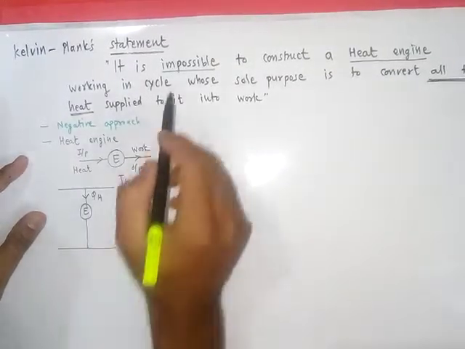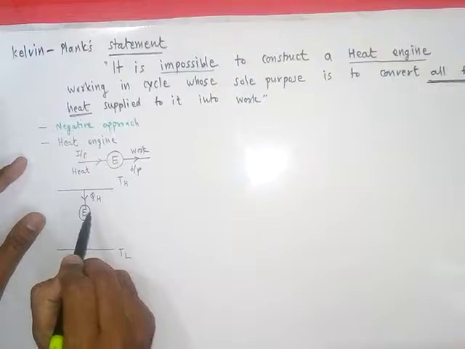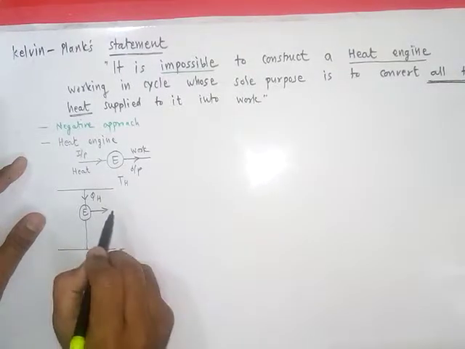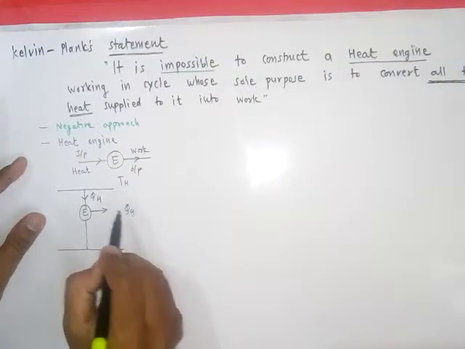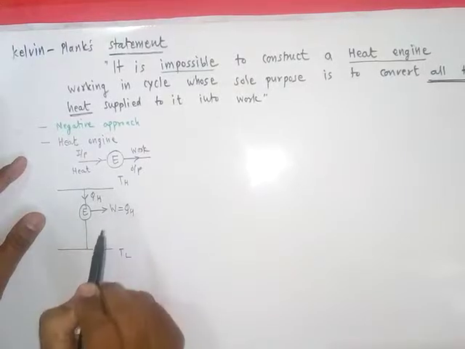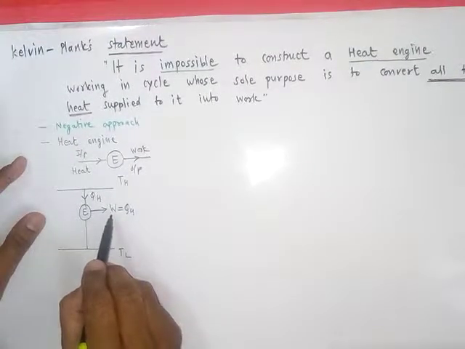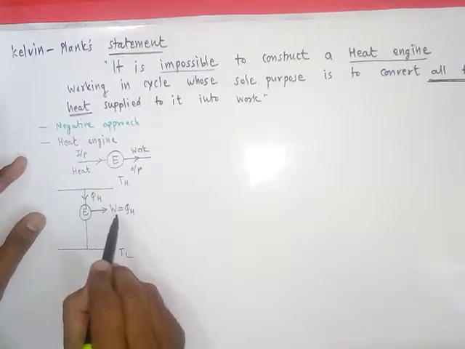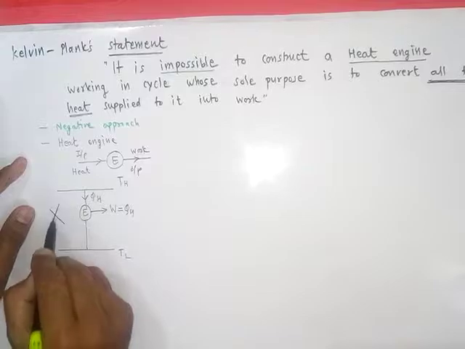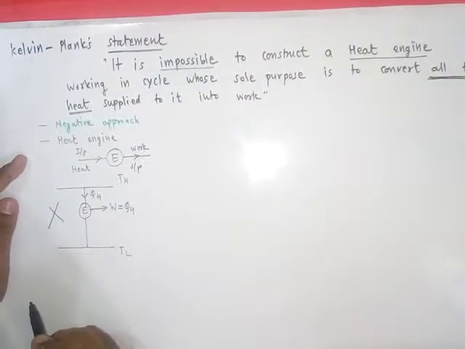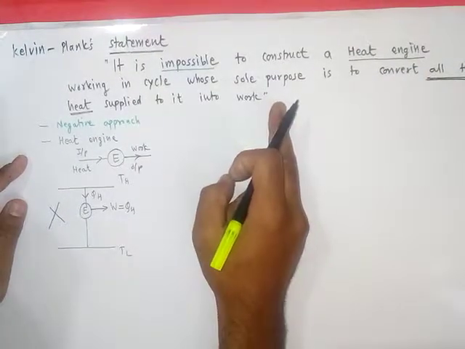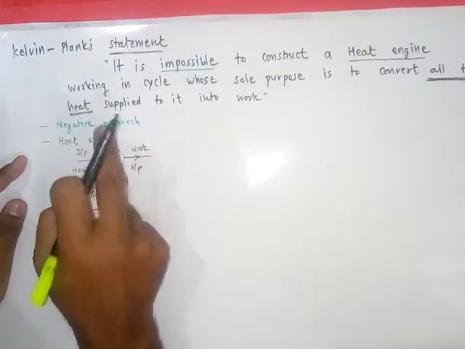Then what is impossible? It is impossible to convert all this heat into an equivalent amount of work. So all the QH converting into work is not possible according to this statement, because it has a negative approach.